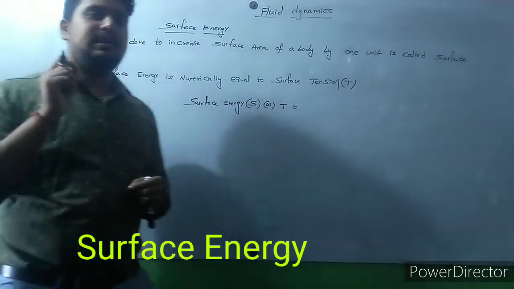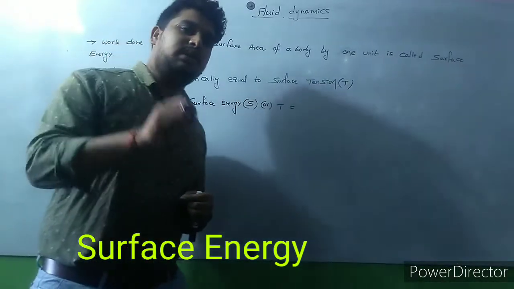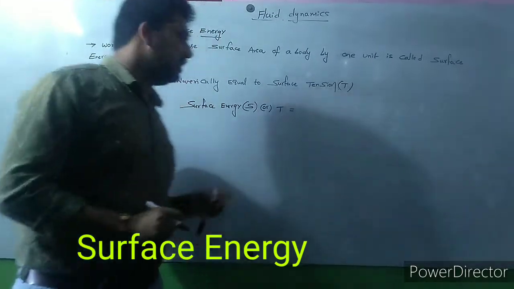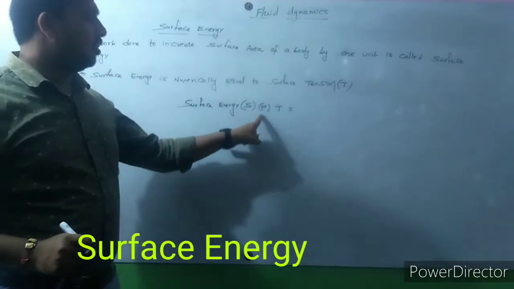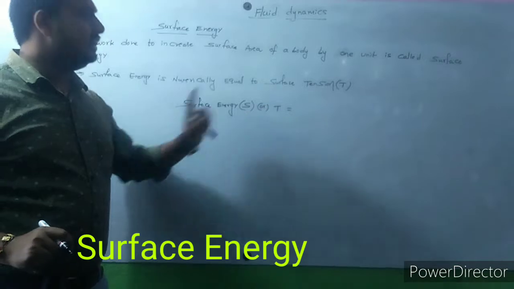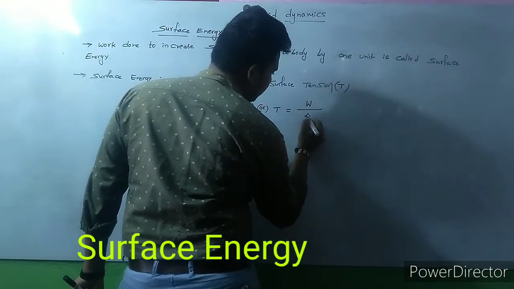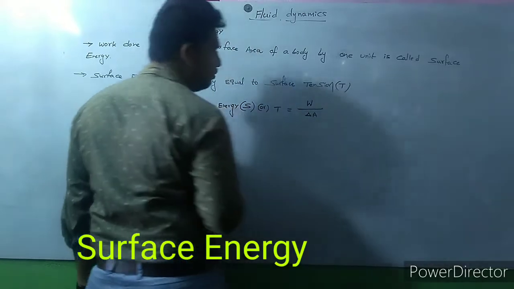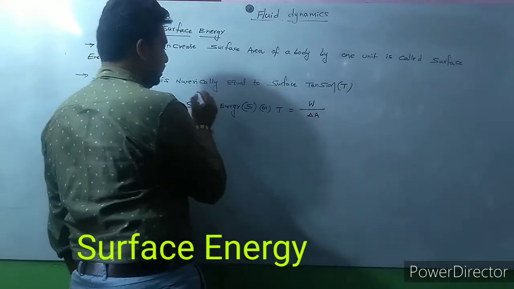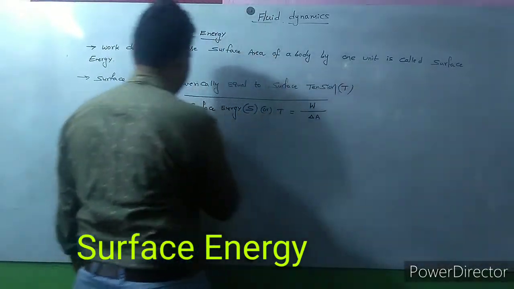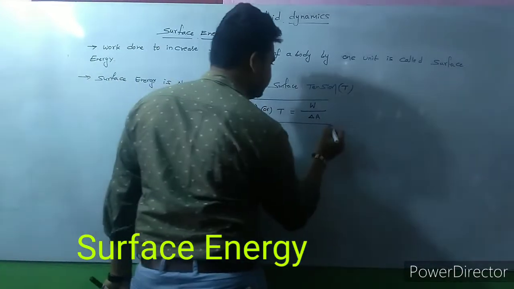Surface energy is numerically equal to surface tension. So that means surface energy S or surface tension T equals work done to increase surface area by 1 unit, that's why work done by delta A, that means change in area.